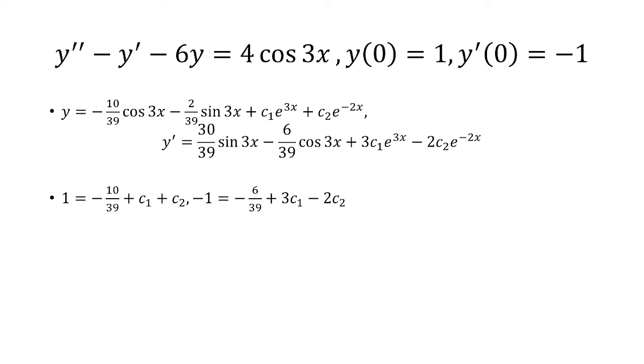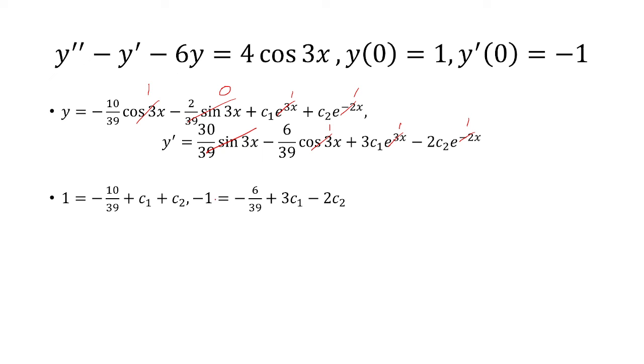So first let's plug in y equals 1 and x equals 0. For that, the cosine becomes 1, the sine is 0, and each exponential is 1. So we have negative 10 over 39 plus c1 plus c2 equal to 1. And then when I plug in 0 for x in the derivative, the sine terms become 0 and the cosine and exponentials are 1.